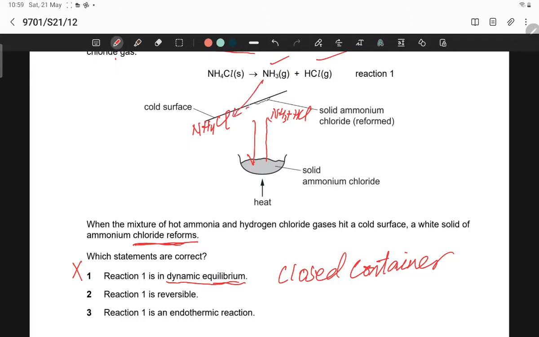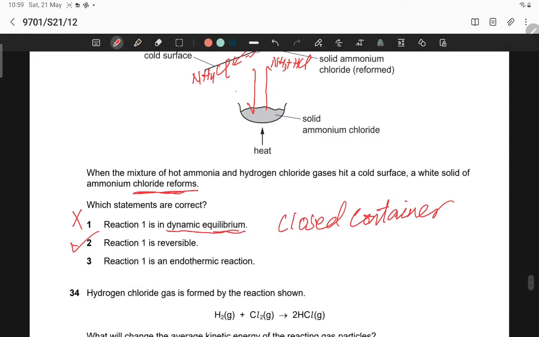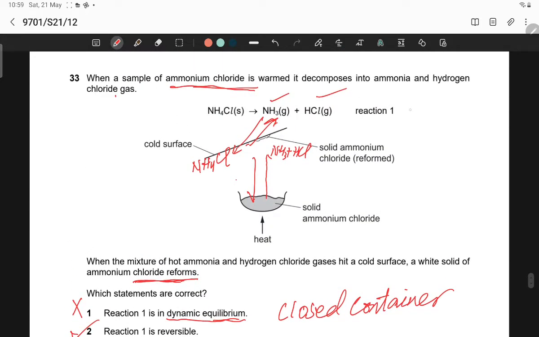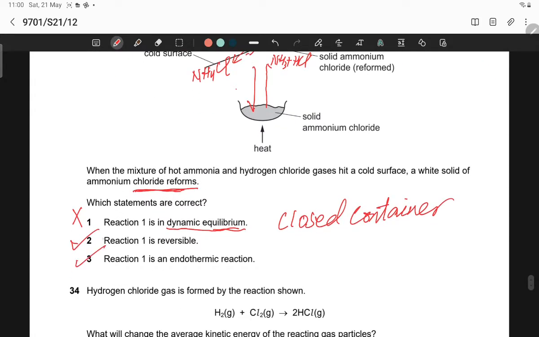So this reaction is reversible, this is correct. Reaction 1 is an endothermic reaction. Yes, reaction 1 is endothermic because this is a decomposition reaction. Decomposition is the breaking of a compound into two or more simpler compounds by using heat, so that's why it is endothermic. So statement 2 is also correct. So if 2 and 3 are correct, then option is C.